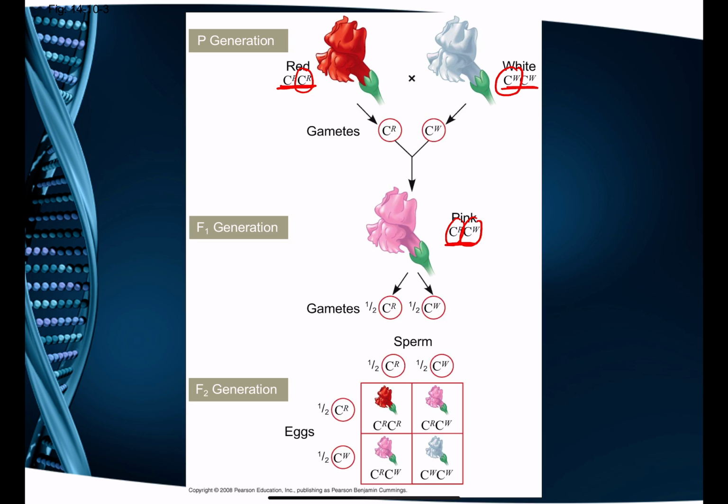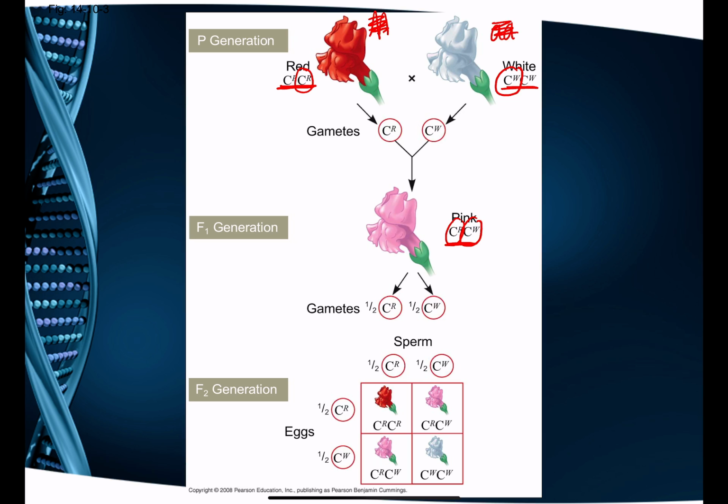Notice we didn't write these like big A and little a. That would be incorrect for incomplete dominance. In incomplete dominance, we want to write everything as a capital letter because we don't want it to look as if something is dominant over the other. That would be incorrect.